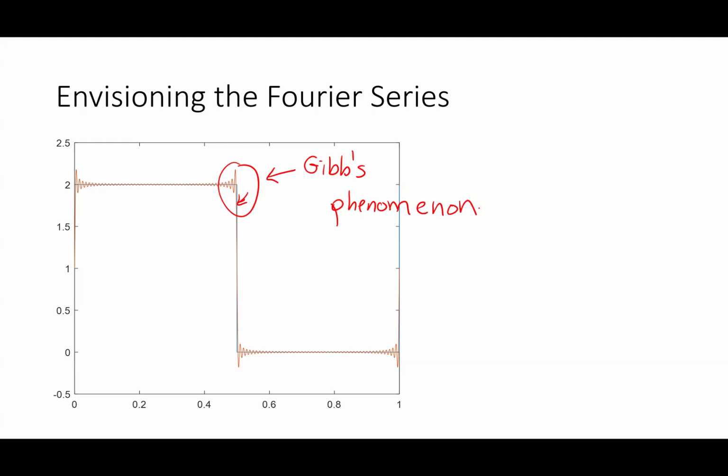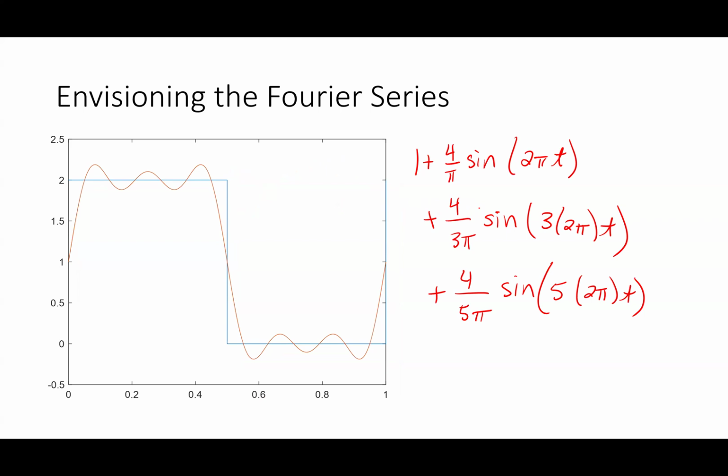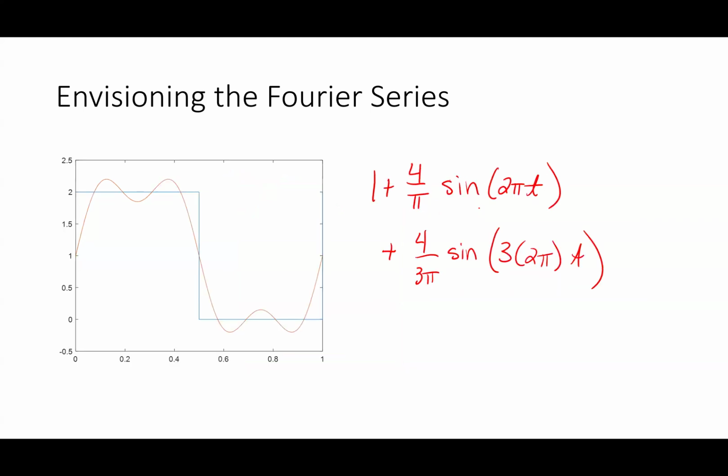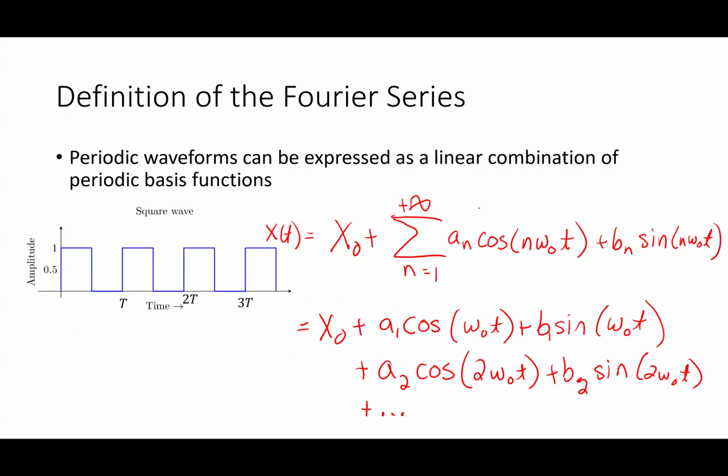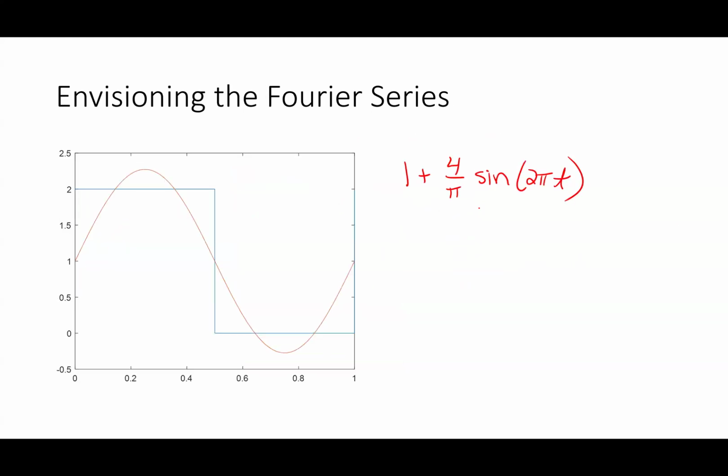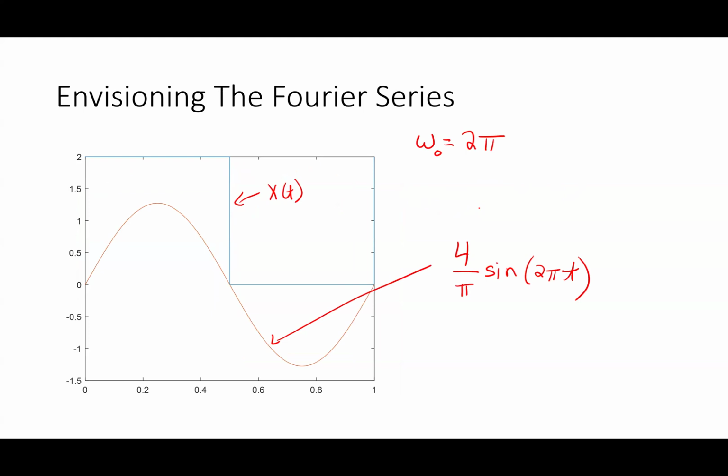So what I did as I went through that process, I didn't calculate this, but I basically laid out for you how much of each of the terms here needed to be added in to approximate this waveform. All right. And the approximation gets better and better. If I added in only the base frequency, it had the same timing.